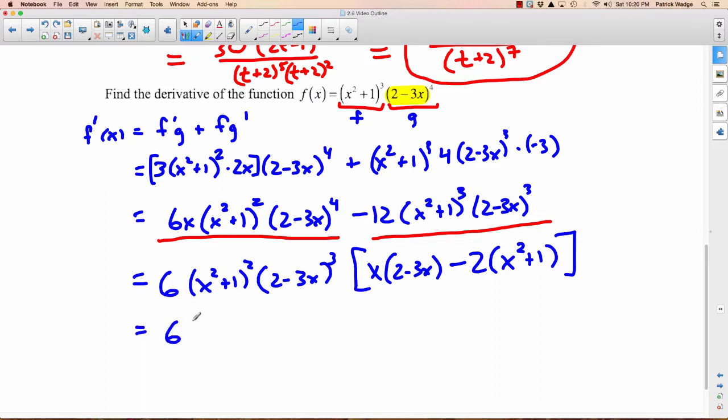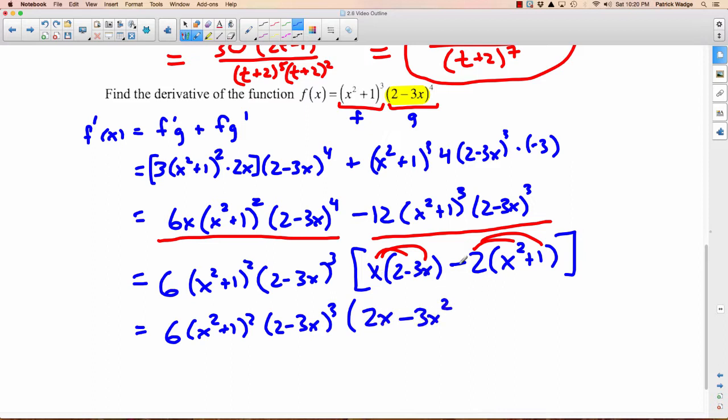Now, the greatest common factor part, just leave it. Do not expand it out. This is nice factored form. We're just going to leave it exactly the way it was. But for the part that's left over in here, we can expand it and combine some terms. x times 2 is 2x. x times negative 3x is negative 3x squared. Negative 2 times x squared is negative 2x squared. And negative 2 times 1 is negative 2.